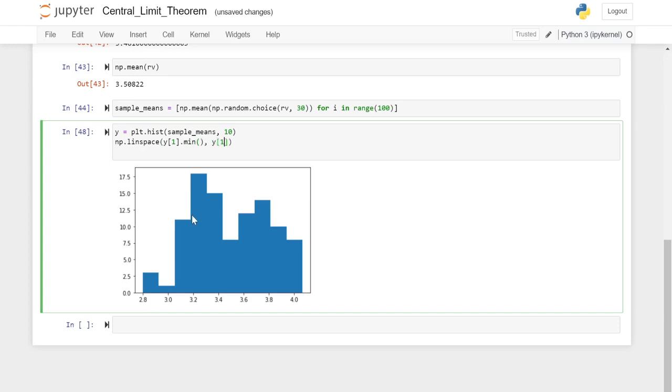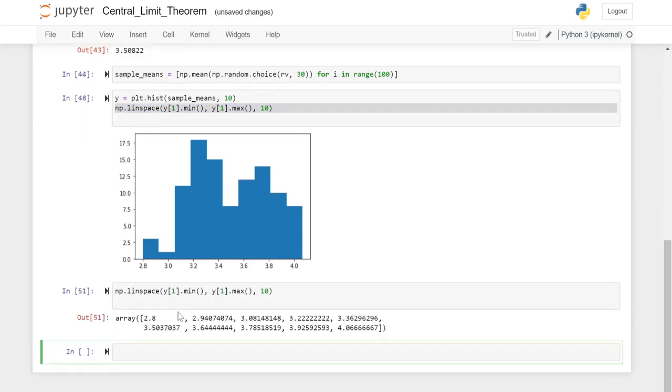From y1, take max. What is that? 4 or more than that. Those numbers are not visible here. And then we make 10. So when we write this, what happens? Just see. This is what happens, right? From 2.8 to 4.06, 1, 2, 3, 4, 5, 6, 7, 8, 9, 10 numbers have been generated.